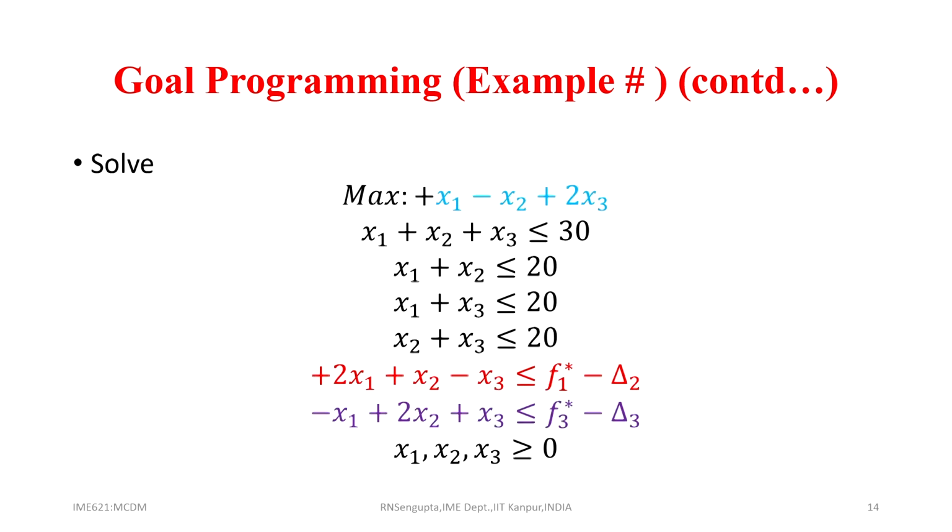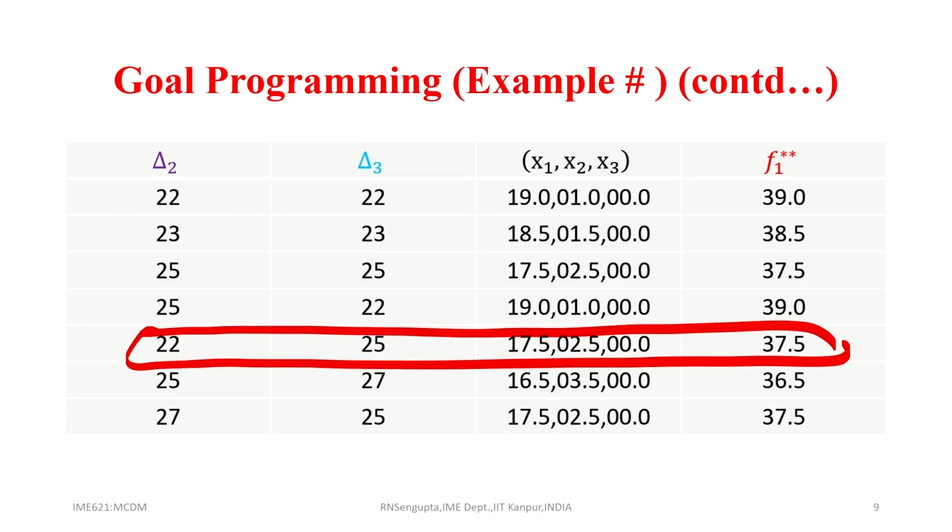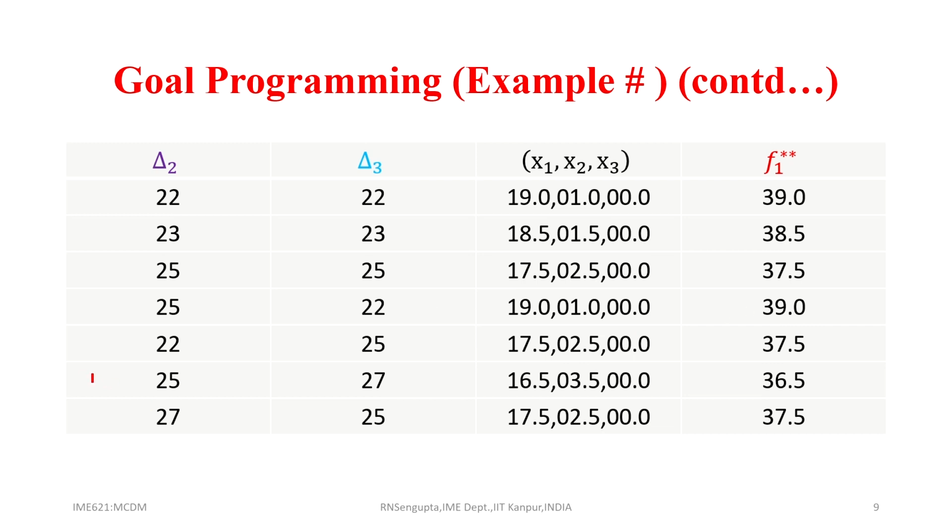So, it is 0, 16.5, 3.5. I am not considering this one, it's my mistake. So, that was objective function 1, f1, red.